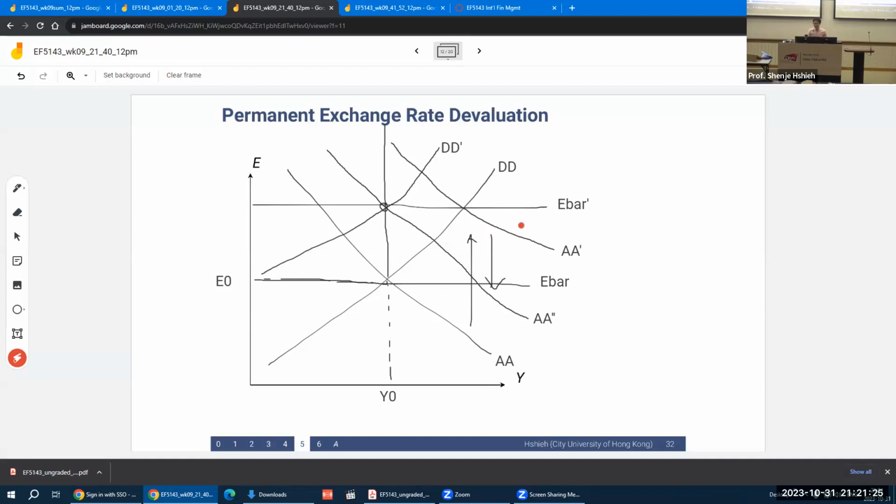And so in the end, after prices have caught up to the change in money supply, the DD schedule can only shift so much such that E bar prime is satisfied. So this is your short run answer, and this is your long run answer. So we're going from here to here in your analysis.